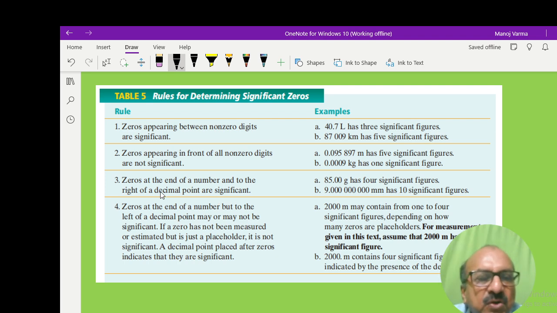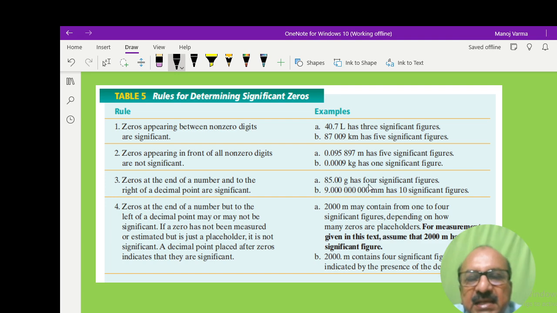Okay, so now here, if the zeros are at the end of a number and to the right of a decimal point, that means 85.00. So these zeros are after a decimal point. When the zeros are after a decimal point, then these zeros are significant.